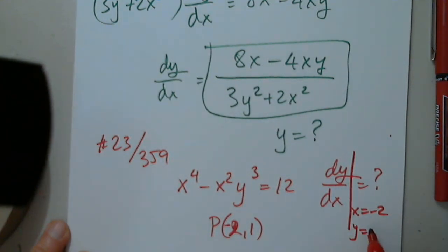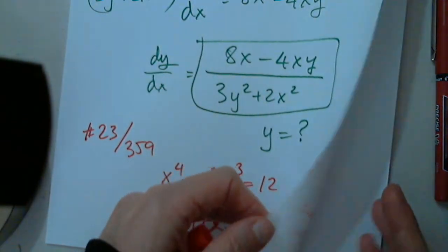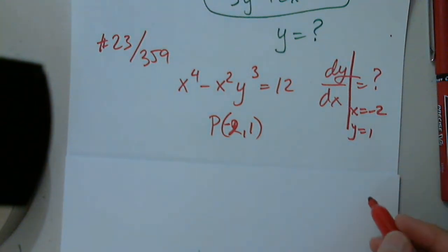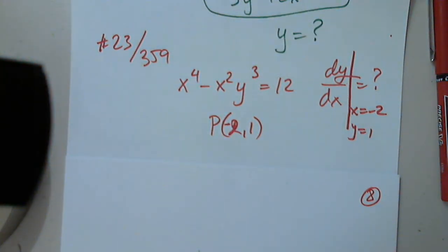But I'm not there yet. How do I find dy over dx? This is actually a much simpler situation. I could solve for y, but I don't want to. Too much work. There is no need. So what should we do to both sides to find dy over dx?